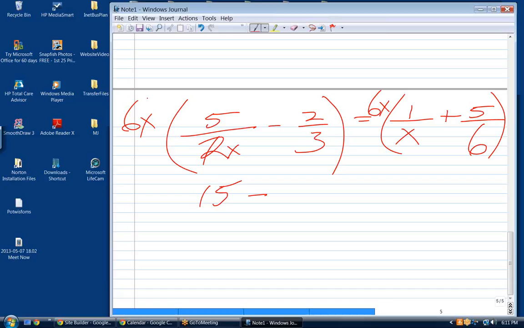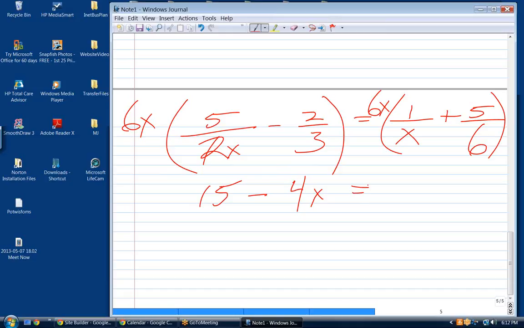So whenever you're multiplying a whole number times a fraction, just multiply the numerators. So it's 2 times 6x, 12x. Divided by 3, which becomes 4x. So the left side of the equation completely eliminated any denominators.